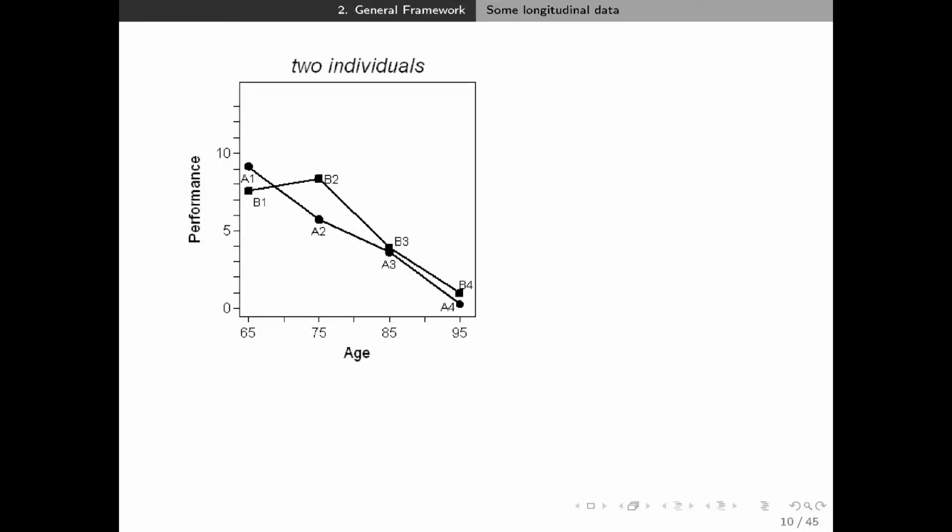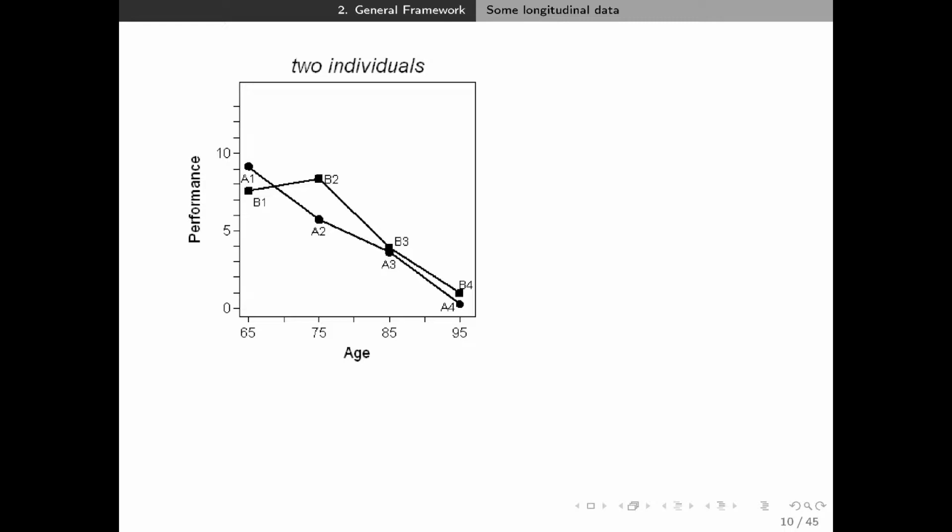Here is a picture of what longitudinal data analysis looks like. Here's a data set of 2 people, person A and person B, and they're observed at 4 ages, and we have some outcome variable, a performance variable, and some metric for time.